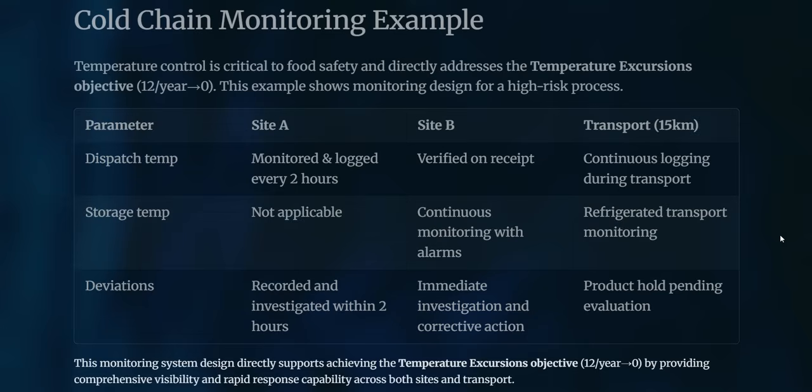This monitoring system design directly supports achieving the temperature excursion objective, which we determined to eliminate the 12 incidents by providing comprehensive visibility and rapid response capability across both sites and during the transportation.